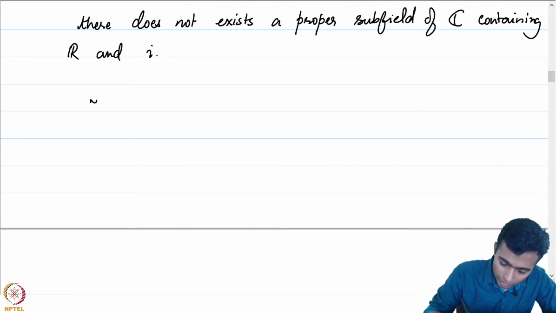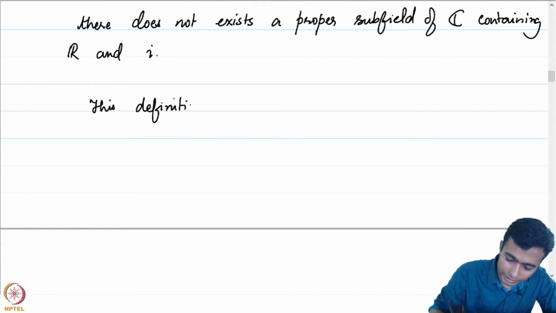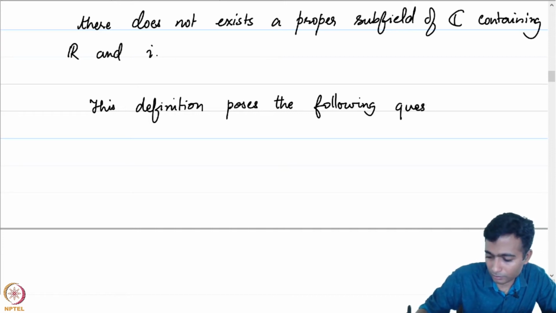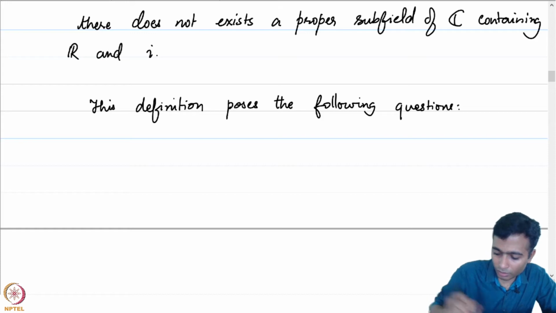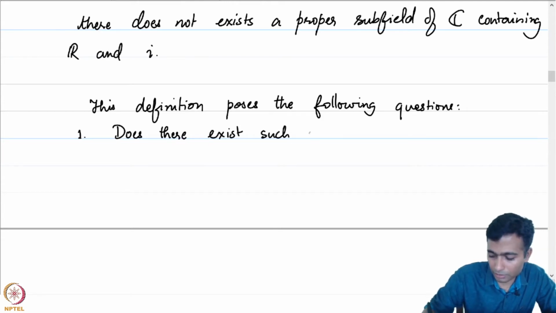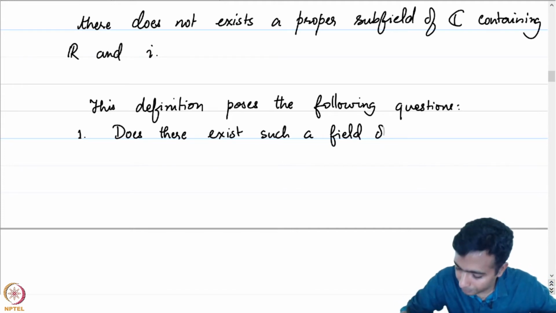So this definition poses the following questions. The first one being, does there exist such a field of complex numbers? We might want it, but what is the guarantee that it exists?